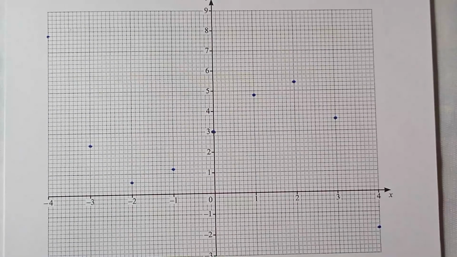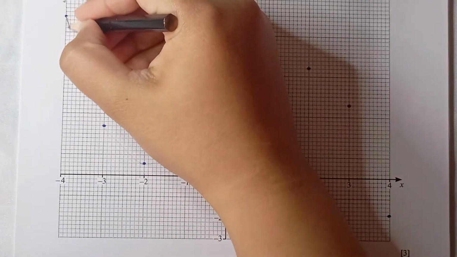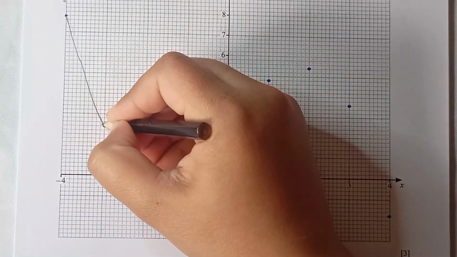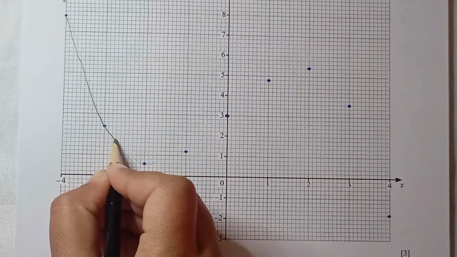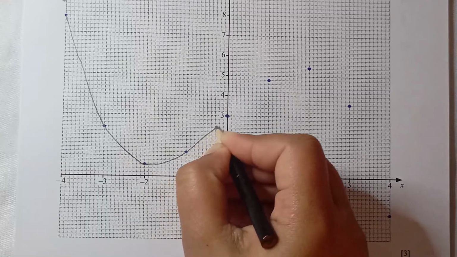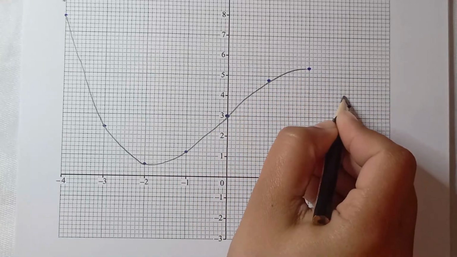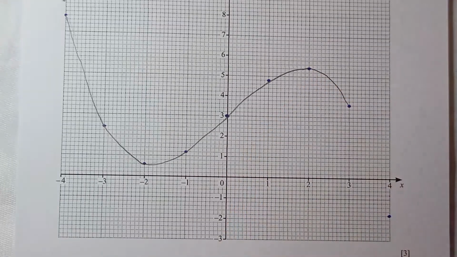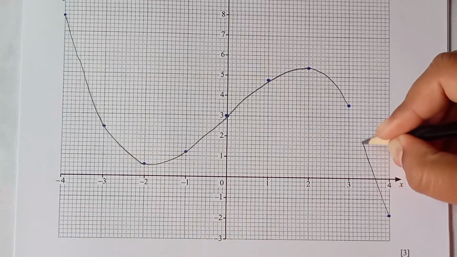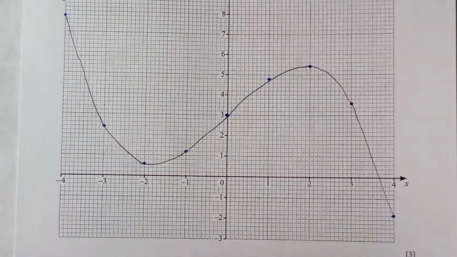Let me connect all these points to get a smooth curve. And the last point. So this is a curve for the given function.